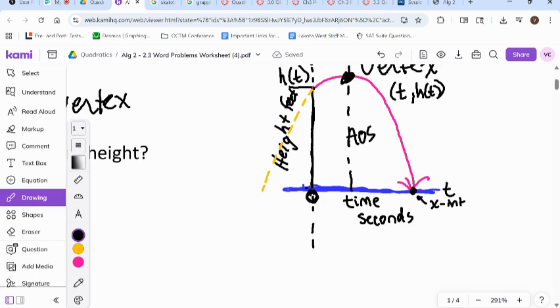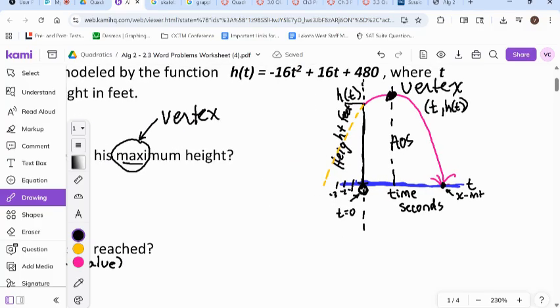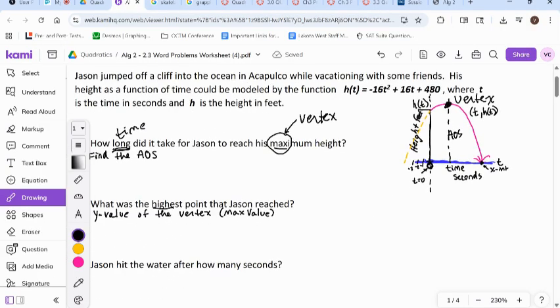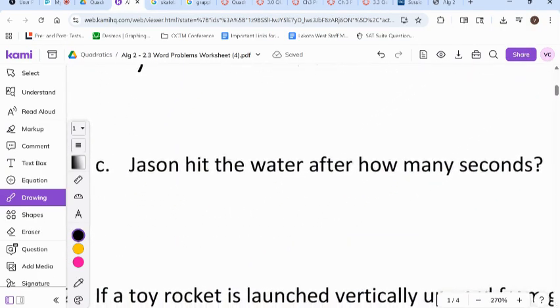Here's where time is 0, right at the origin. To go negative, we can't have negative time. That's why I didn't draw that part of the parabola, because it's not useful in this situation. So when we find our x-intercepts, we're only going to use the second one. So Jason hit the water after how many seconds? That's going to be the bigger of the two x-intercepts.